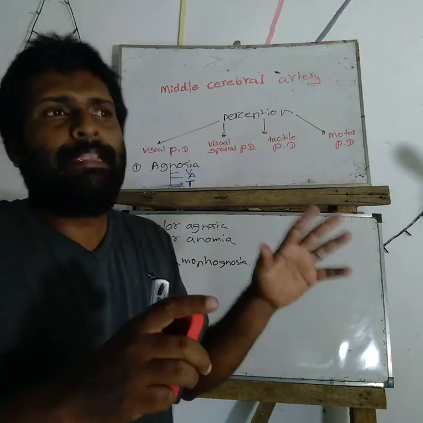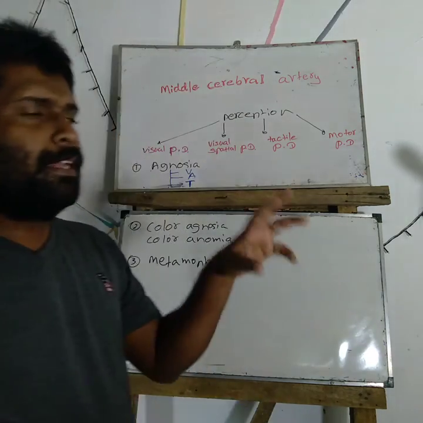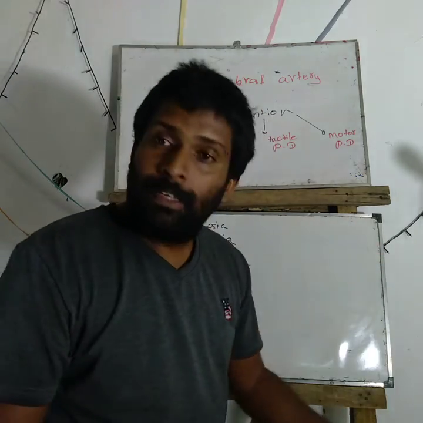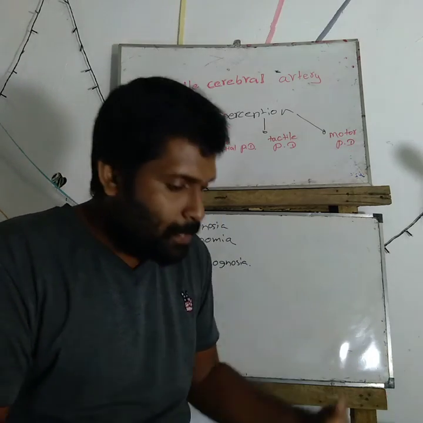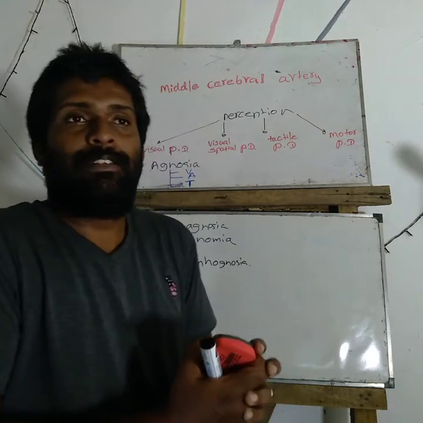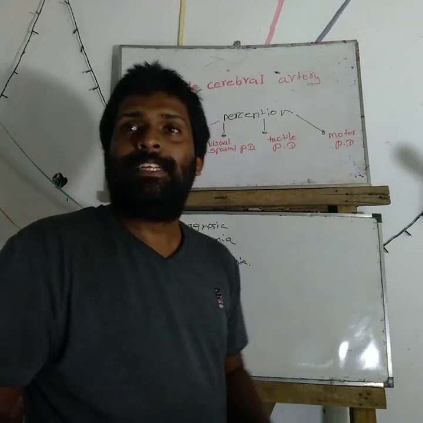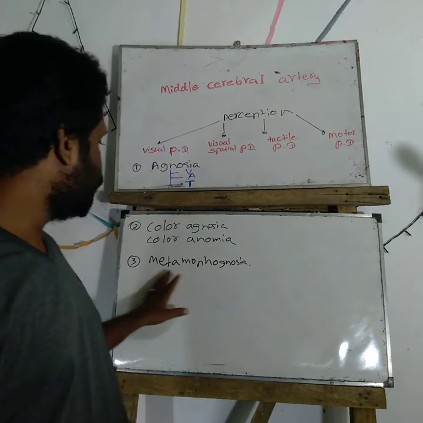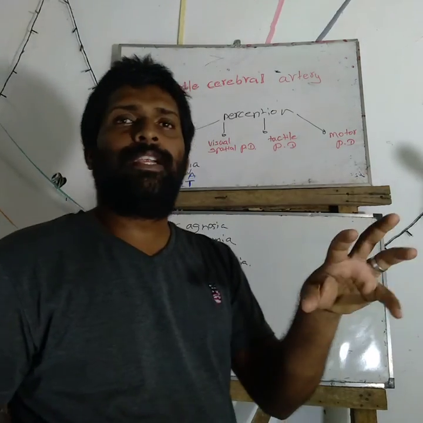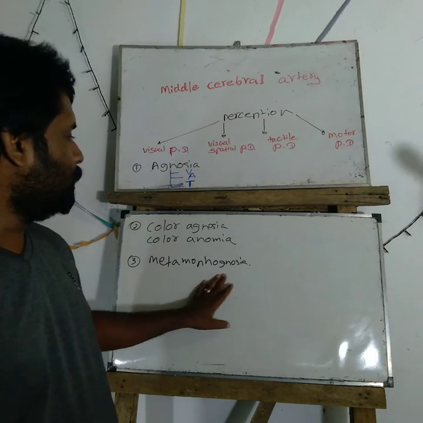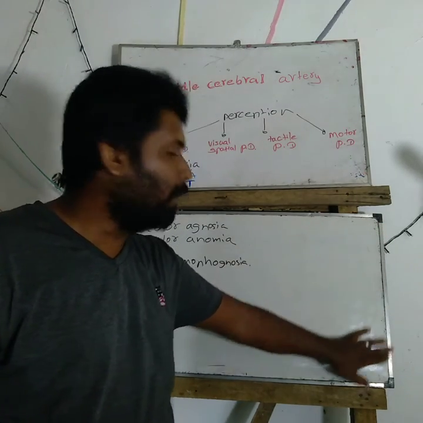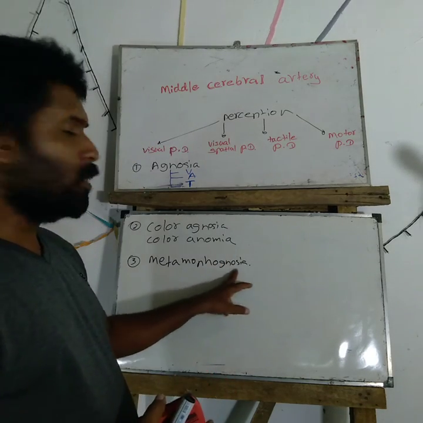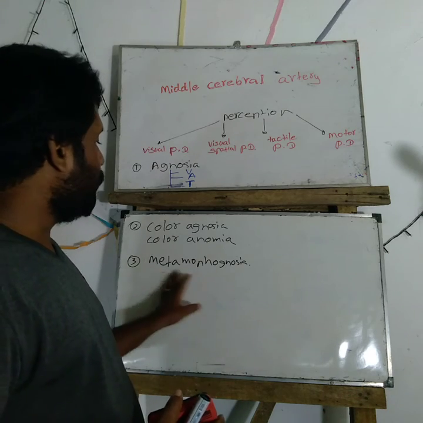When that patient plays in the playground, he always tries to put both hands up and catch the small ball the same as the big ball. He can't identify the size of the ball. That's the most important thing. Size and shape identification is also a problem for this patient. This is metamorphognosia.